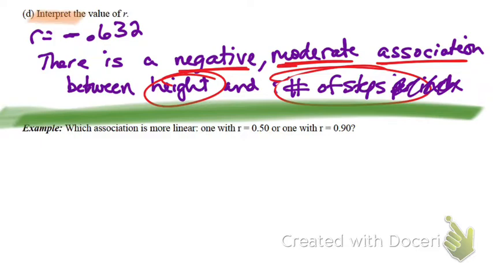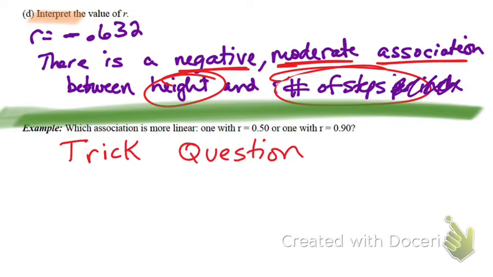If I were to guess, I'd say 0.9, but R value doesn't tell how linear it is. Yeah, it doesn't tell you it's linear. Final answer. Yep, it's a trick question.